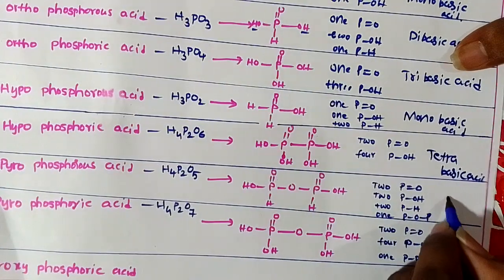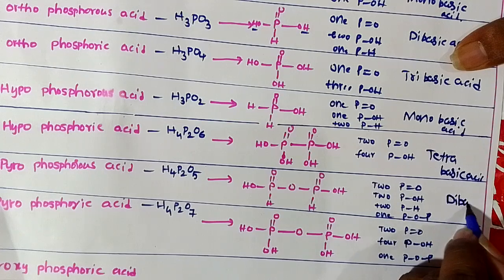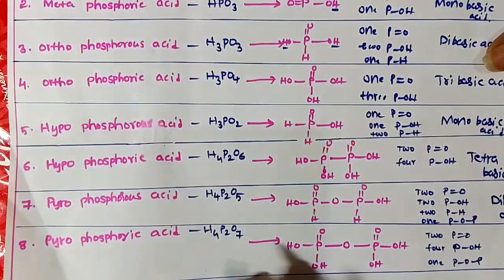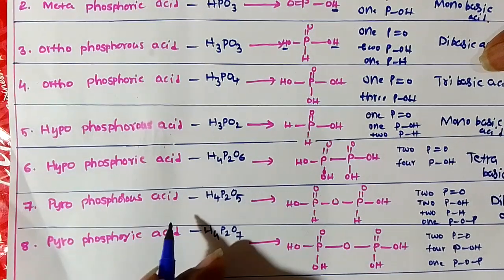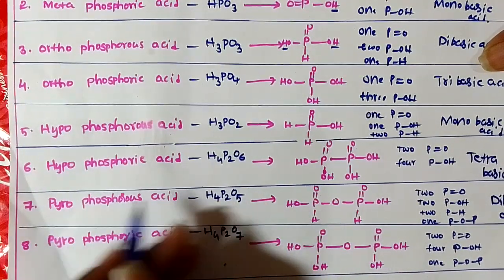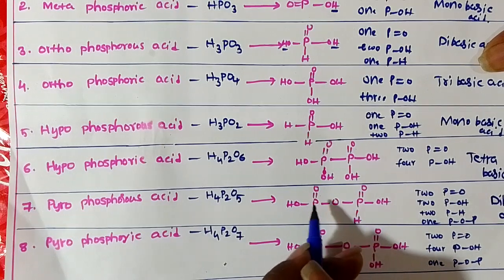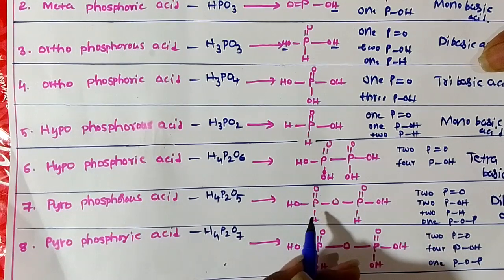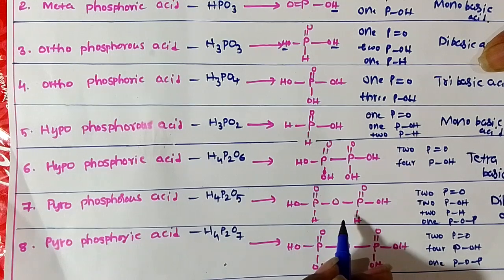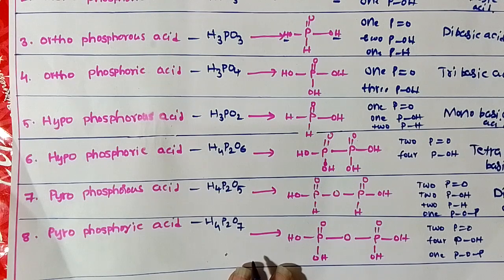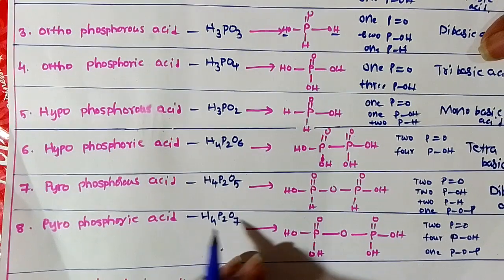That's why it is a dibasic acid. In the examination they can ask: in pyrophosphorous acid, how many P-O-P bonds are there, how many P=O groups, how many P-OH groups, how many P-H groups.